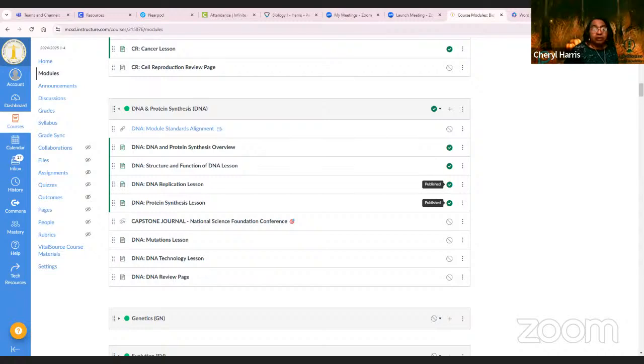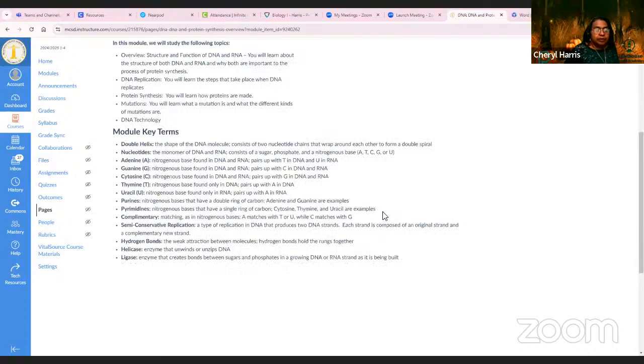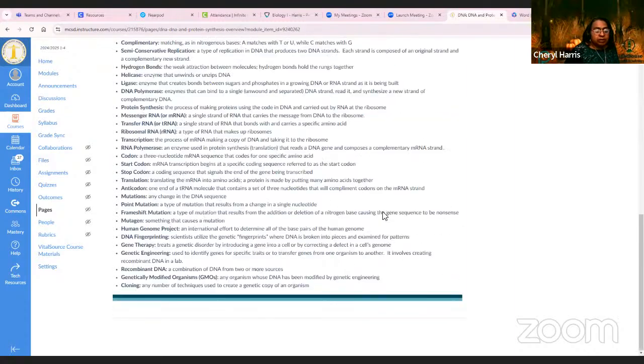All right, so we are in the module for DNA and protein synthesis. Actually, I didn't mean to click on that one. We want structure and function. So as always, the first page gives you a vocabulary, and you should always take a look at that. With this particular unit, there is a lot of technical vocabulary.